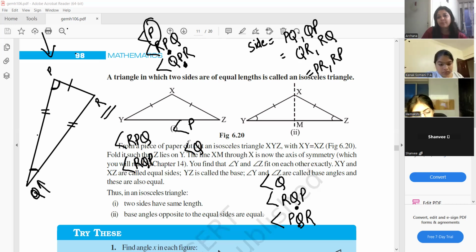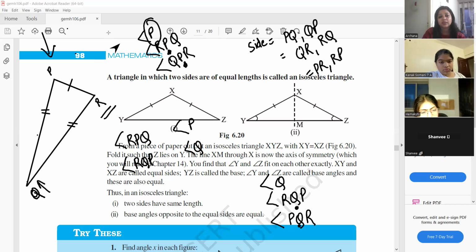Yes. Now, if I tell you that your answer is incorrect, that angle P and angle Q are not equal, you will ask me, ma'am, why? Correct? Now please focus again on what I am explaining. Give your 100% attention, because after this I'm going to draw one more diagram, and I'll ask you which are the two sides which are equal in length.